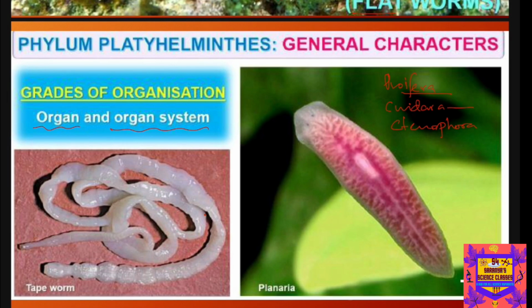When we reach Platyhelminthes, it reaches the organ or organ system level of organization, so you can see some organ formation here. Some examples are tapeworm and planaria. These are all examples of Platyhelminthes.